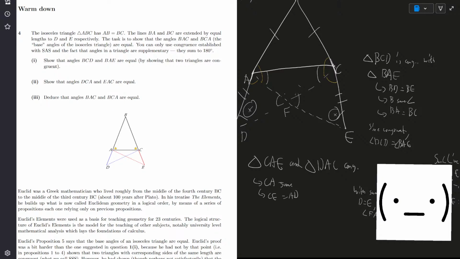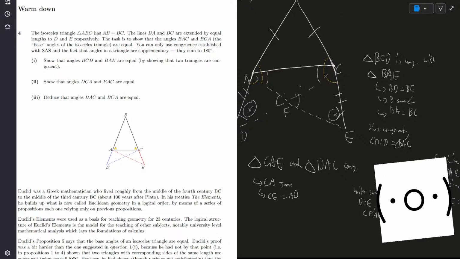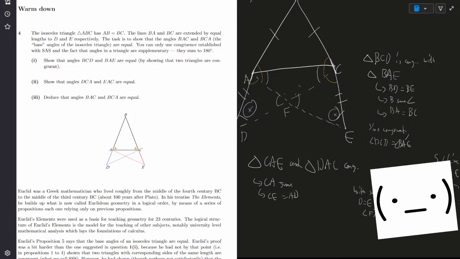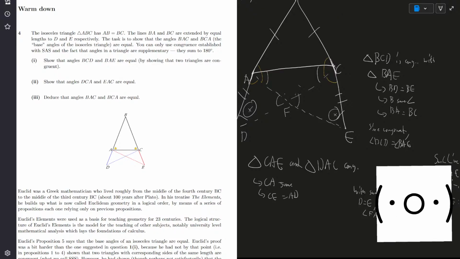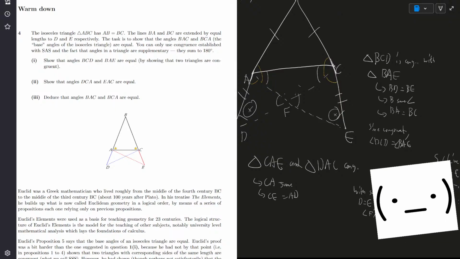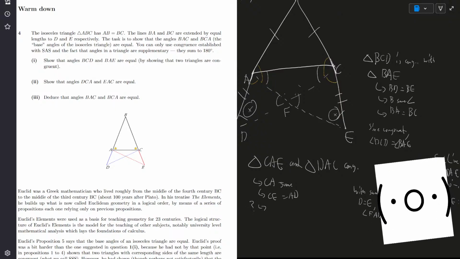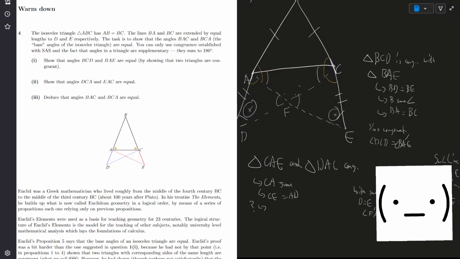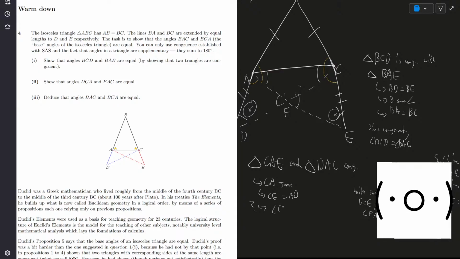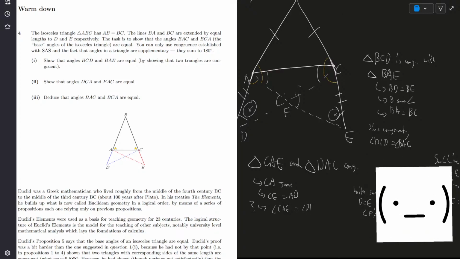Listen, I didn't know I can crack I3 if I can crack I2. So I don't know. Okay, wait. Question mark implies CAE equals EC.